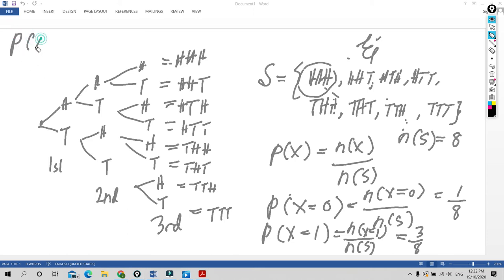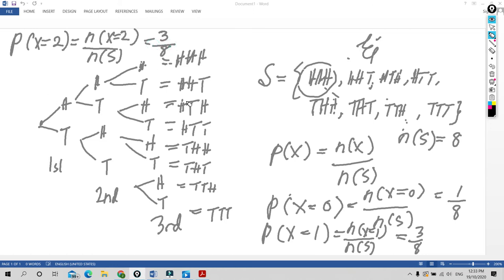Let's say x is equal to 2 heads. So n of x equal to 2 over n of S. Here you have 2 heads: 1, 2 and 3. So it is 3 over 8.